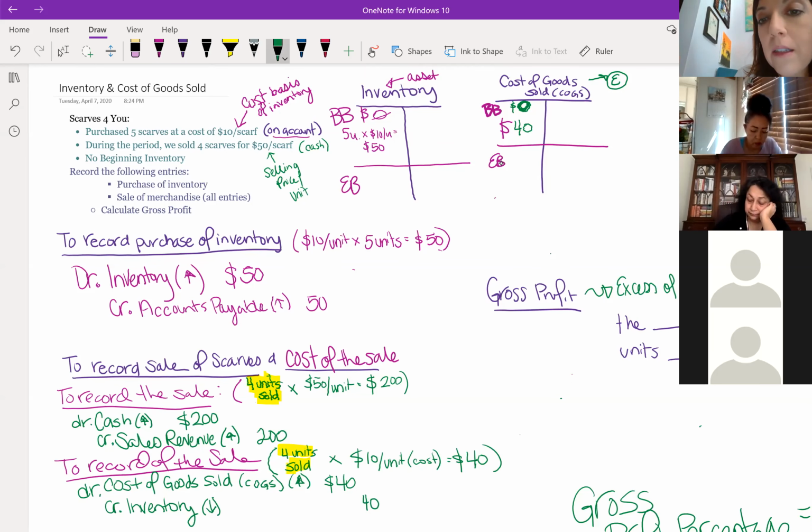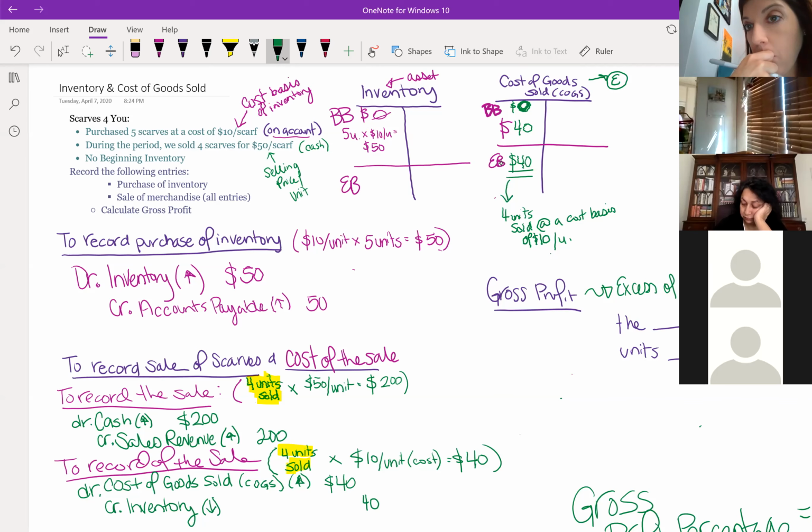And the ending balance is $40, which represents the 4 units sold at a cost basis of $10 per unit. Cost of goods sold is literally the cost of the goods sold during the period. That's the definition.